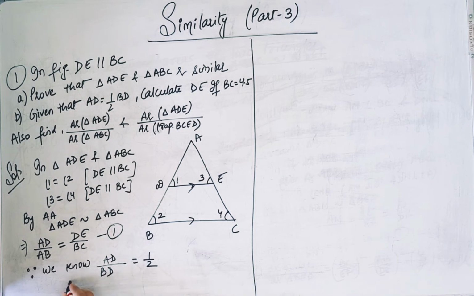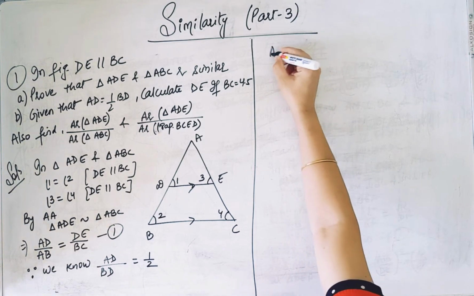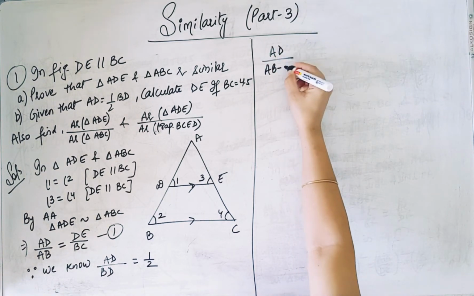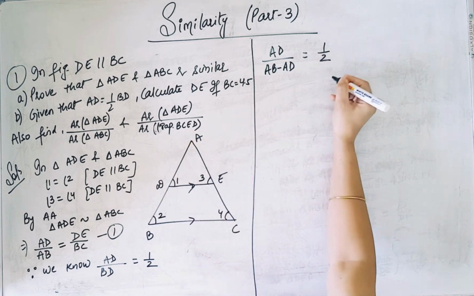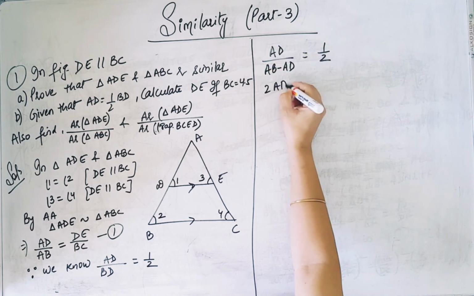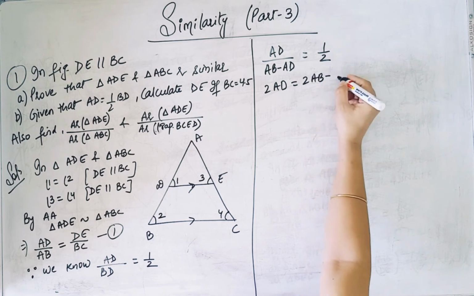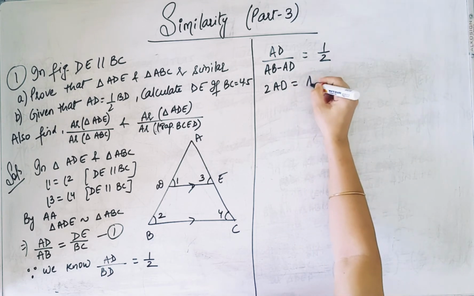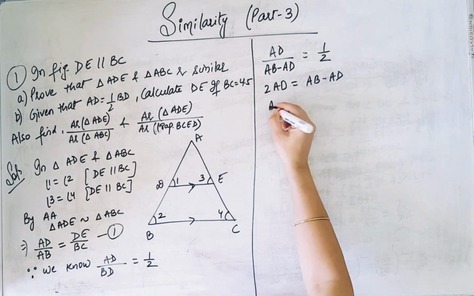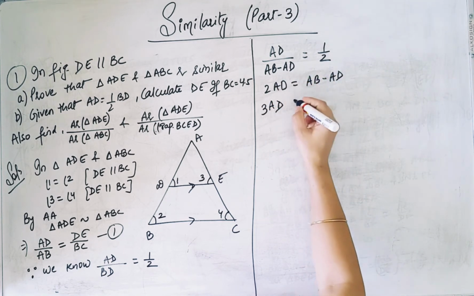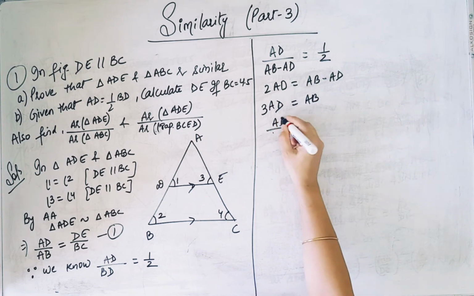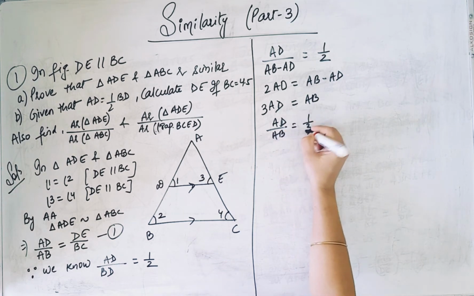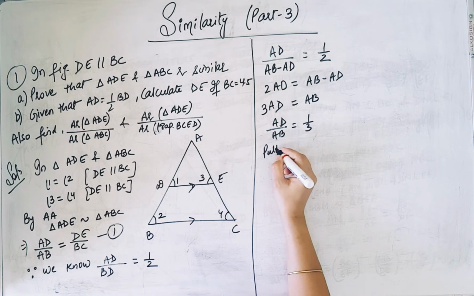So we'll get AD by AB minus AD, and AB minus AD is BD only. This will be 1/2. Cross multiply कर लेंगे. I'll get 2AD equal to AB minus AD. Thus 3AD, this AD will shift to this side, 3AD is equal to AB. So AD upon AB is 1/3.